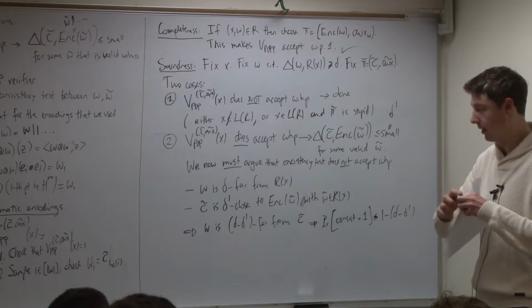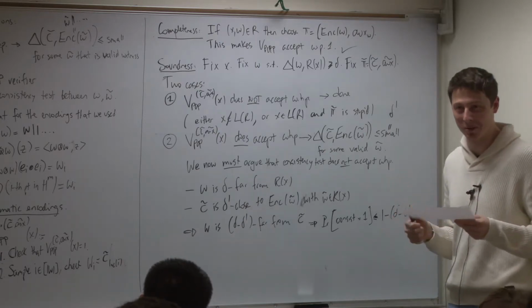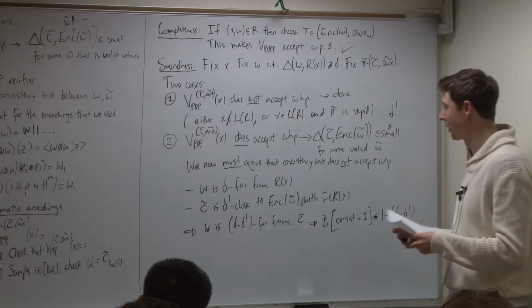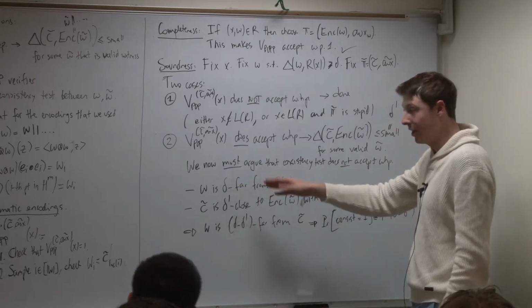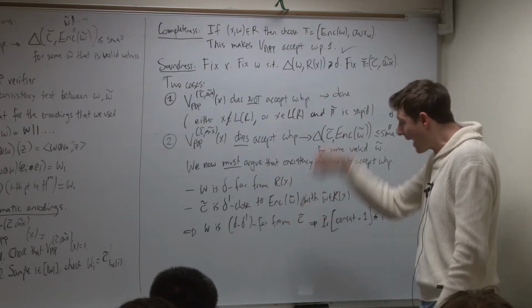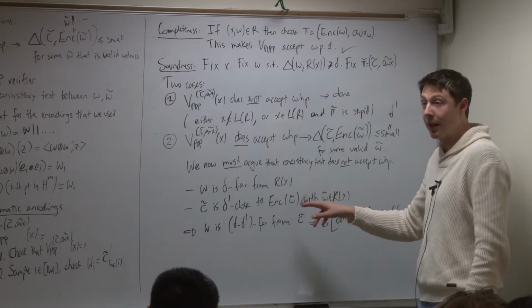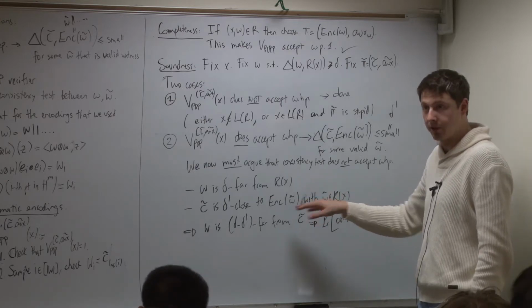Okay, what am I trying to say here? Okay, wait, there's a bug somewhere here. Okay, so we'll see how it's uncovered. But let's try to understand the intuition. I know that W, by definition, is far from all valid witnesses. I have a concrete guy, C tilde, which is close to some valid witness, or rather the encoding of some valid witness.